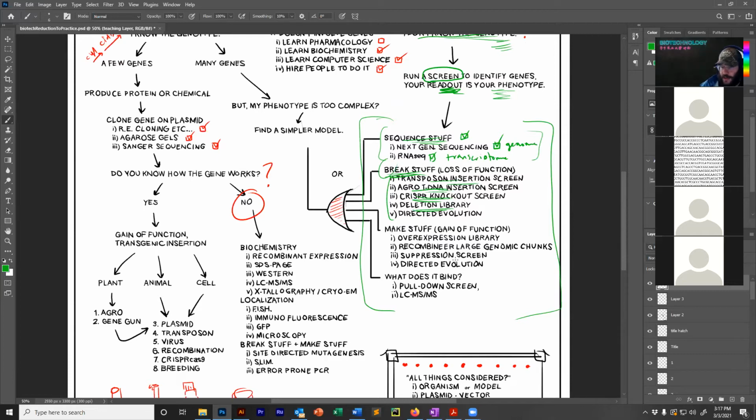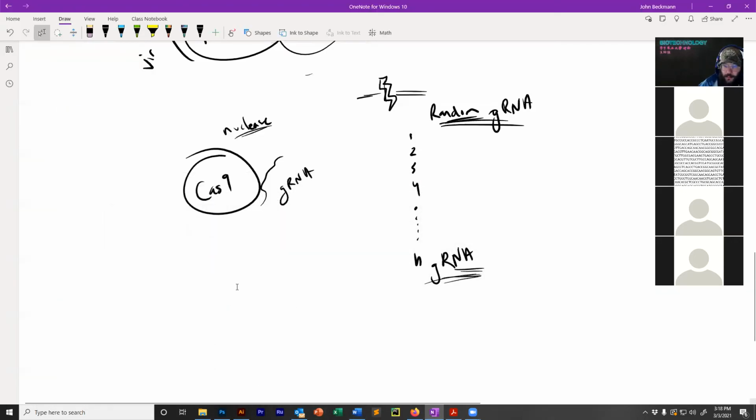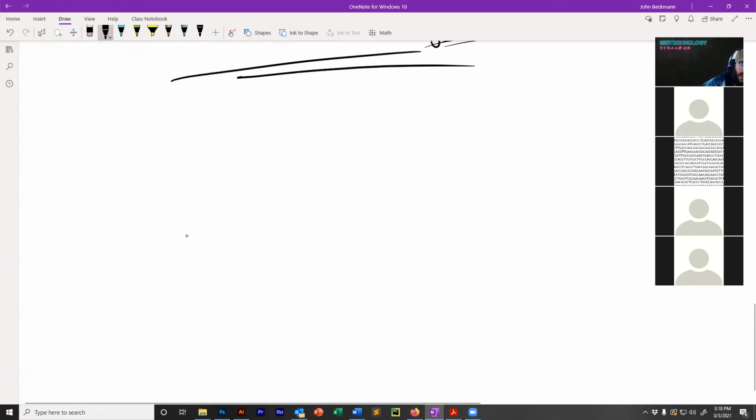You could also, if somebody has already worked and done all these things. So imagine if you needed to make it from scratch, you could do 1, 2, or 3. If you're working in something like yeast or E. coli, there's probably already a deletion library, which means that if you're working in a model organism where there's been so much study done, it's probably true.